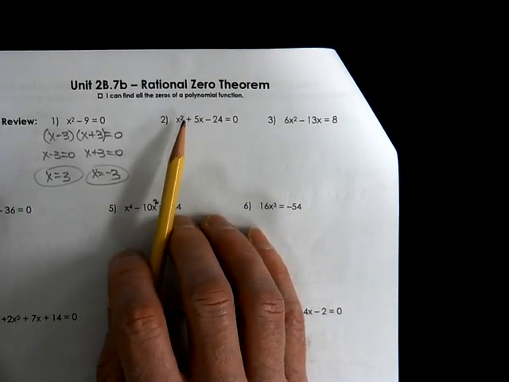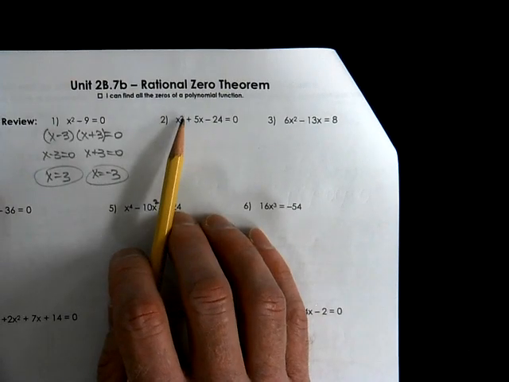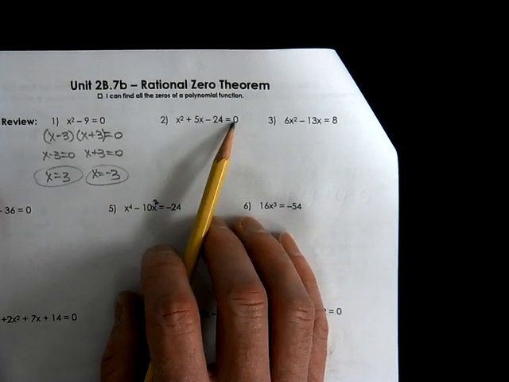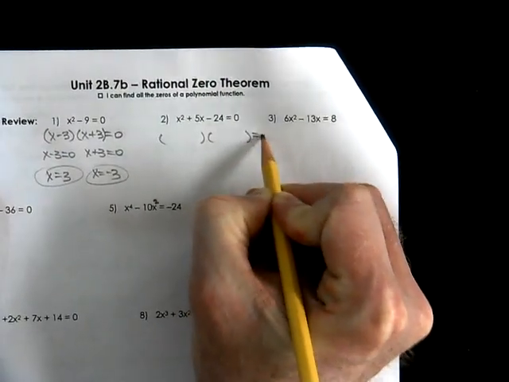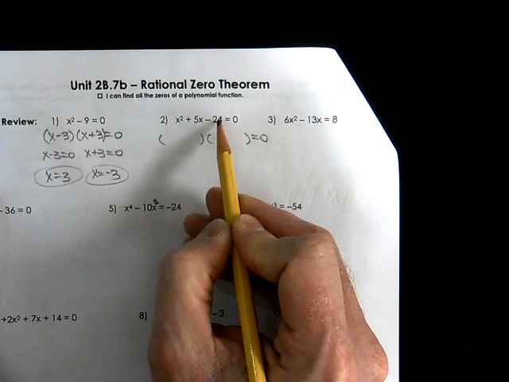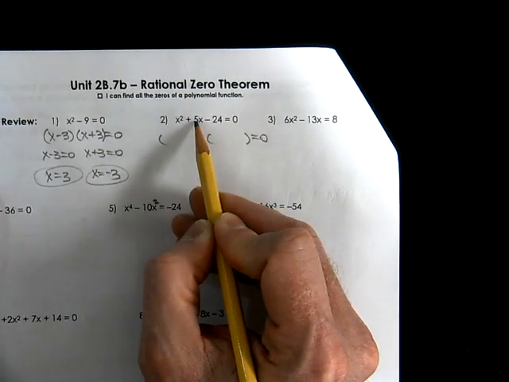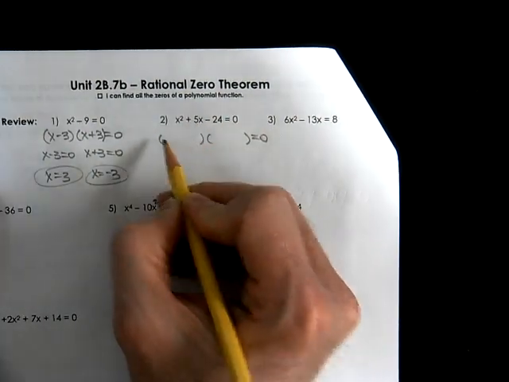This next one, again, it's a quadratic. We're looking for two answers. Looking for two numbers that multiply to be negative 24 and add to be 5.